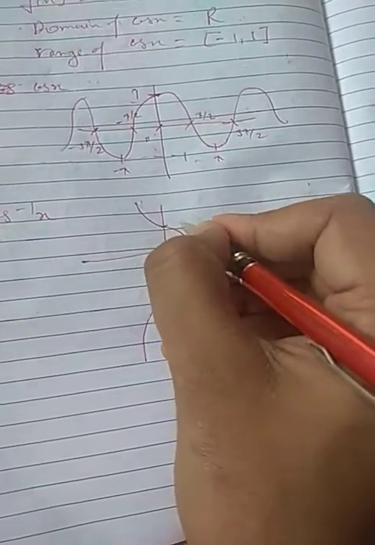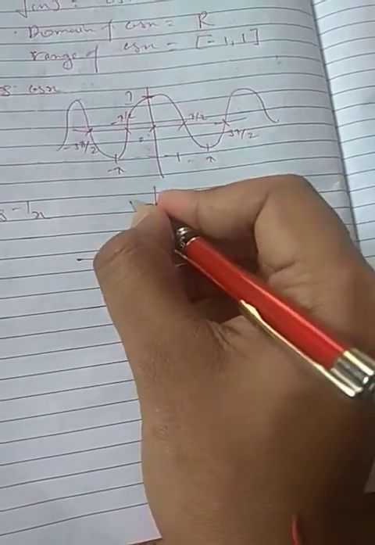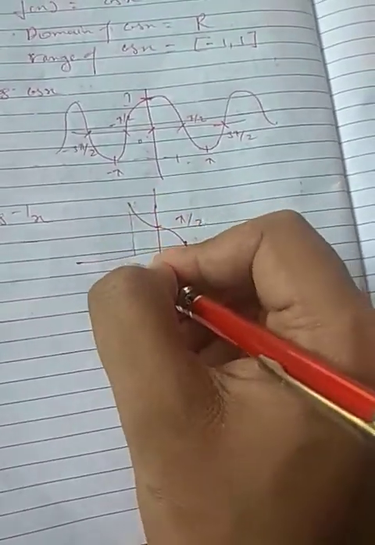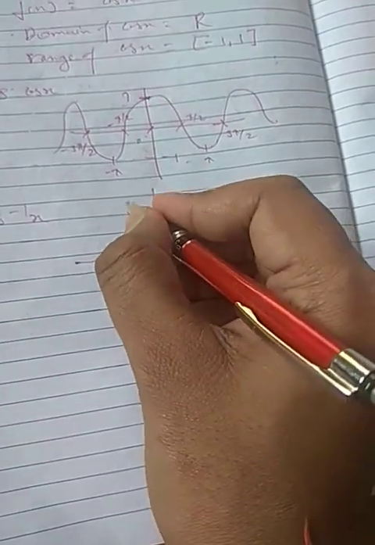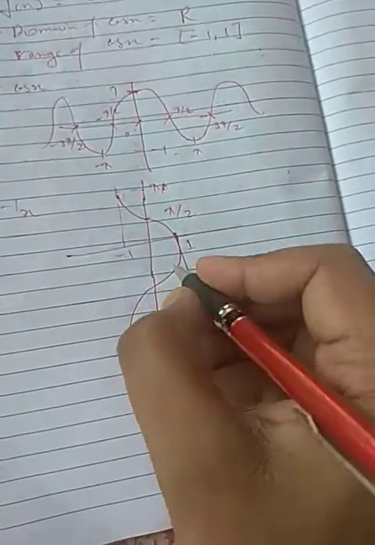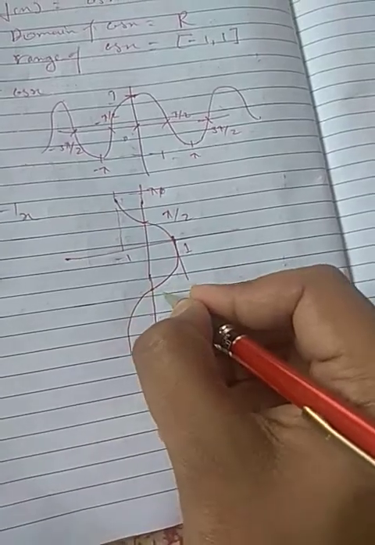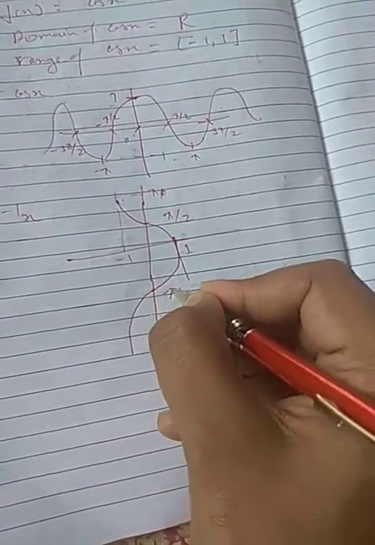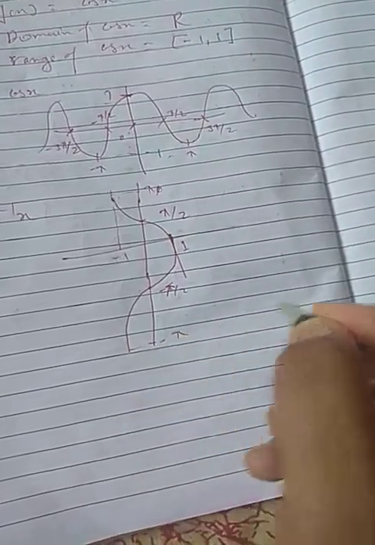Here it will be pi by 2, here -1, here 1, and this will be pi. Similarly, on this side here it is minus pi by 2, and here it will be minus pi.